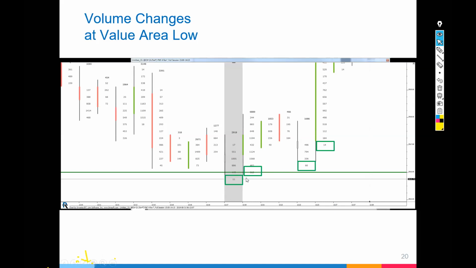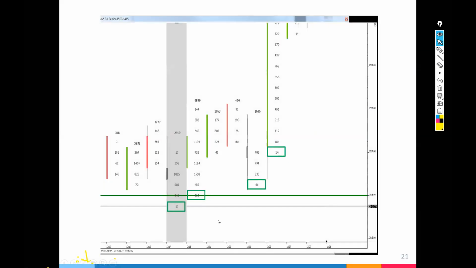And these 4 low volume levels form a pattern that tells me I have a move to the upside and I have support. So let's take a look at this a little bit closer. First of all, I have a low volume level of 11 contracts here, followed by 313. And this is a significant jump.